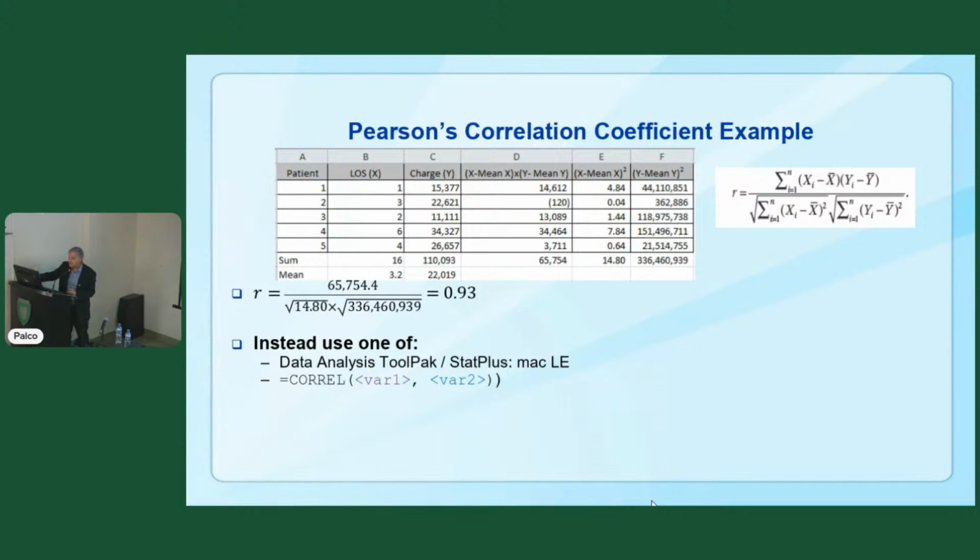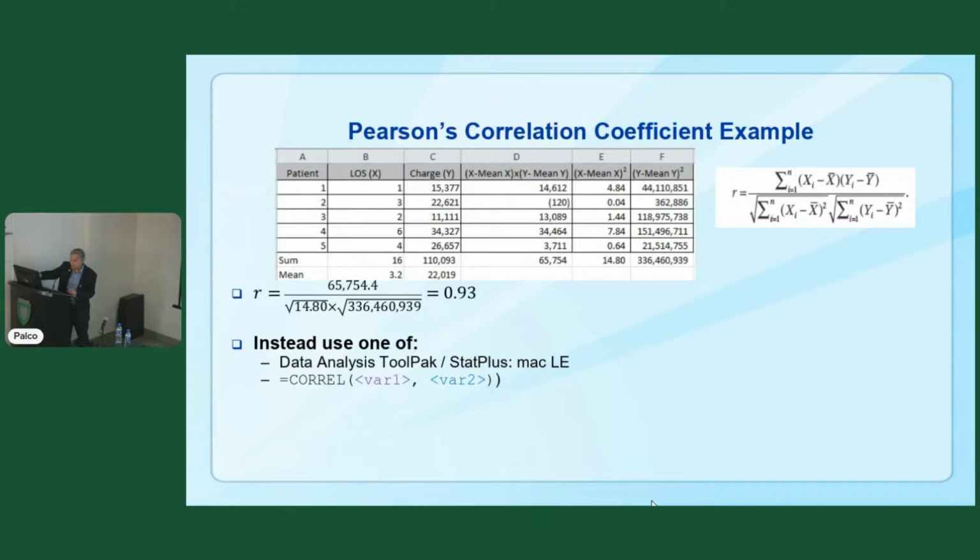So I give you a true example, and you can use the Data Analysis ToolPak in Excel to do that. Type CORREL, put variable 1, comma, variable 2, and Excel is going to give you this value. But I'm doing it by hand here so you can see how it's calculated. Just apply the formula straightforwardly.